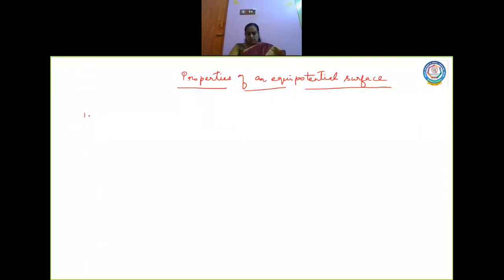Now the first point is the potential difference. Hope you remember the definition of potential difference. Whenever we talk about potential difference, it is between 2 points. You should remember this, children.